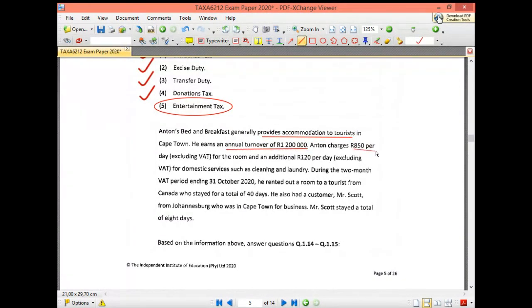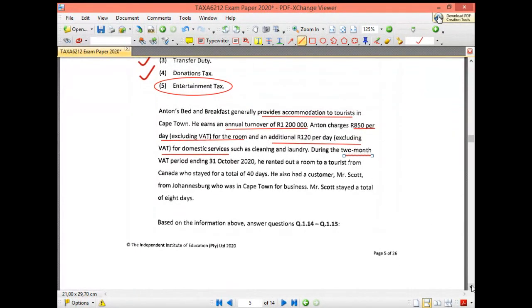He charges $850 per day excluding VAT for a room, and an additional 120 excluding VAT for domestic services. During the 2-month period, so we've got a 2-month VAT period, he rented out a room to a tourist from Canada, who stayed a total of 40 days. So that's a long-term stay.